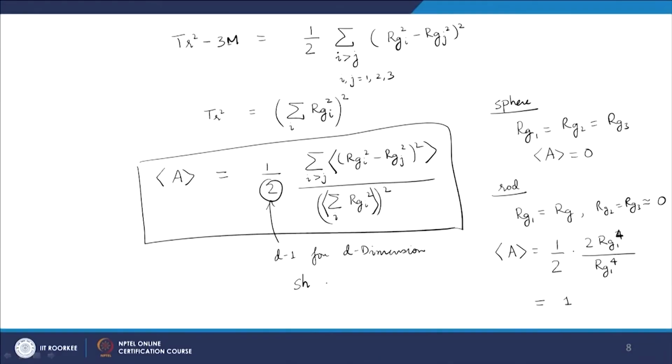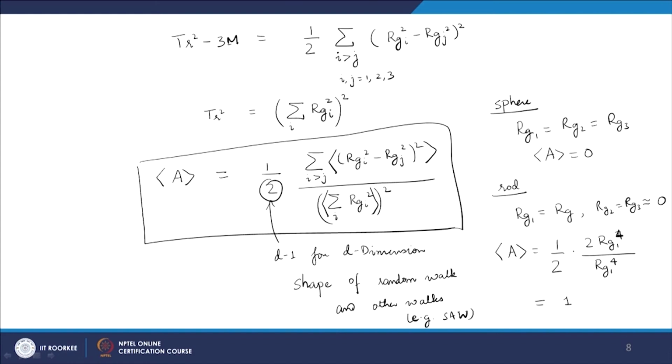So in this way, this particular quantity A characterizes the shape of the random walk or all kinds of walk that we have done, such as the self-avoiding walk.